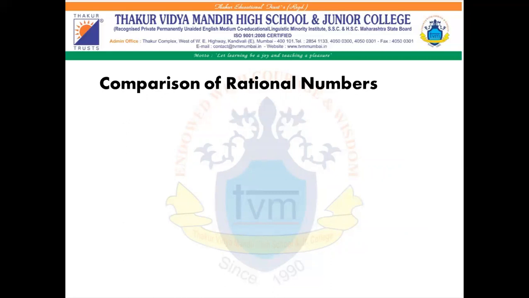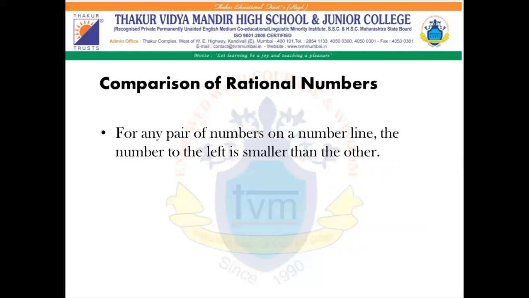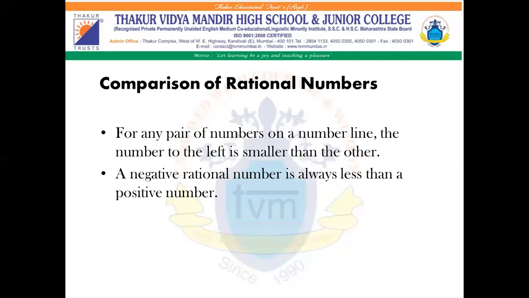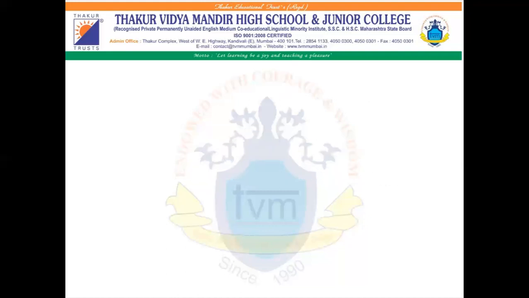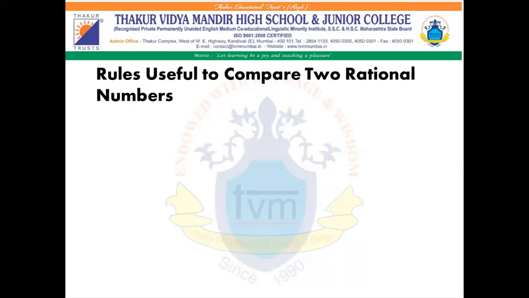Comparison of rational numbers. For any pair of numbers on a number line, the number to the left is smaller than the other. A negative rational number is always less than a positive number. Rules useful to compare two rational numbers.